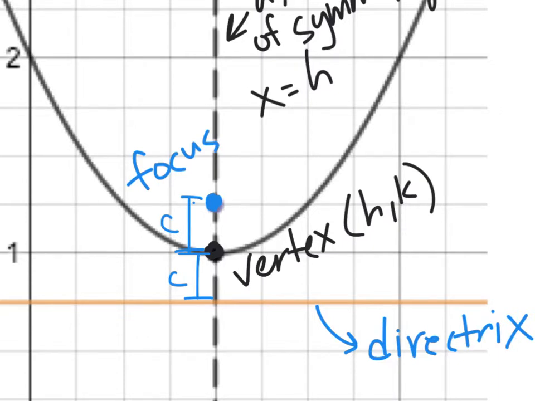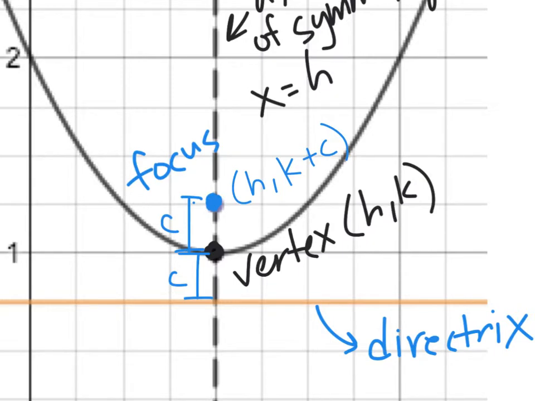Terry, are you with us? Yeah. Come back with us. Okay, so what do you think is the coordinate in terms of HK and C for the focus? Very nice. Yes, that's correct.